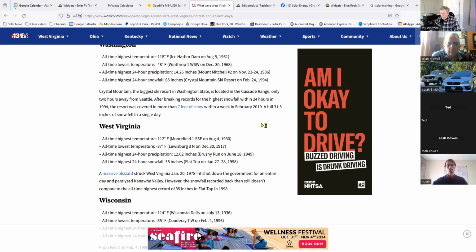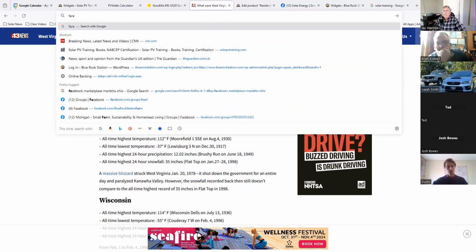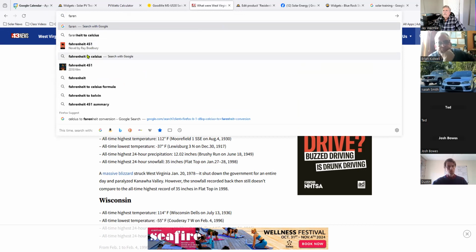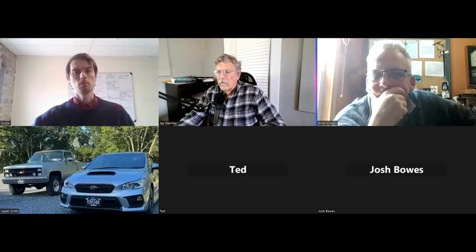But those are Fahrenheit, so I've got to convert Fahrenheit to Celsius. The Fahrenheit for the coldest is minus 37, so minus 38 Celsius. And while we're in here, 112 is 44.4 Celsius. All right. So now we're going to go into the whiteboard.